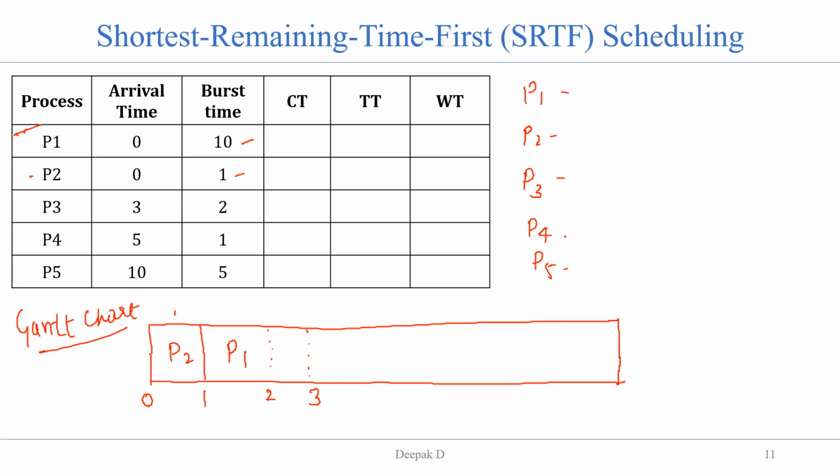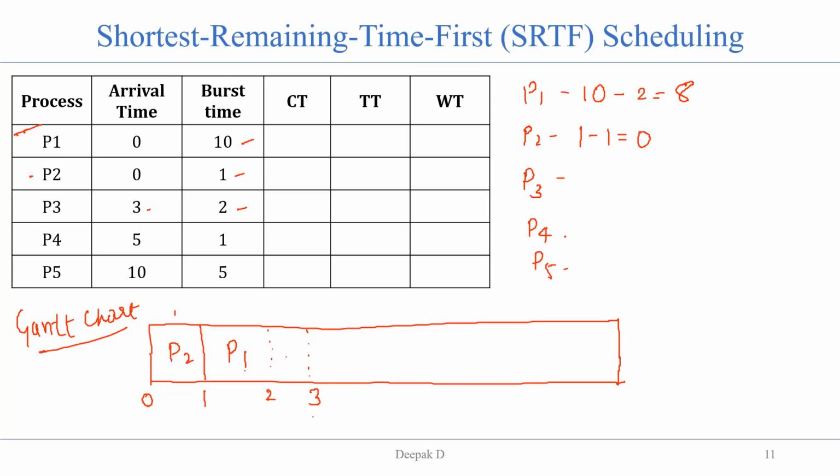So process P3 has arrived, arrival time is 3 and burst time is 2. Right now P2 with 1 millisecond is completed, the remaining time is 0, and P1 had 10. I have executed 2 milliseconds, so the remaining time is 8.